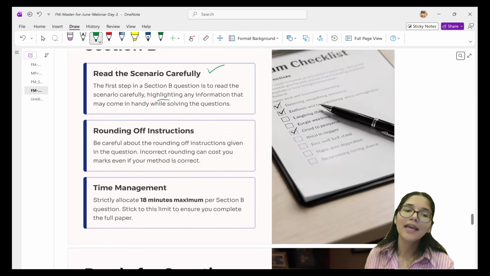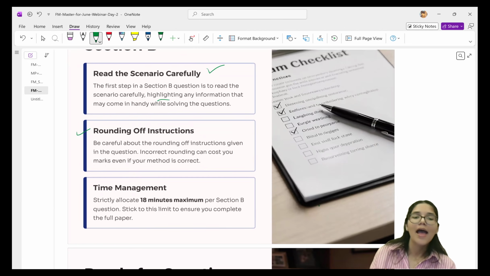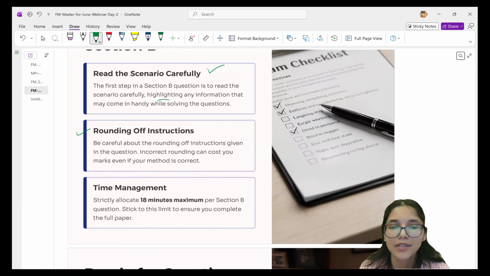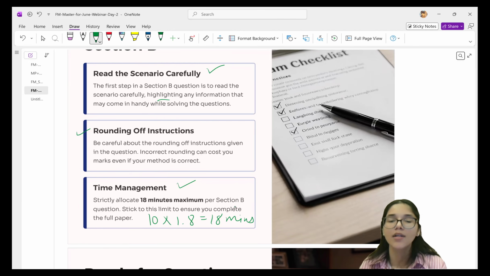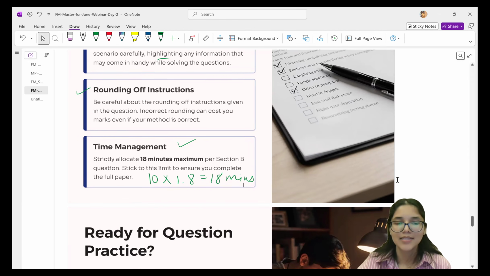We have to be very careful about the rounding instructions because this is completely marked by a computer. And then, time management, the last but not the least, is very, very important. A section B case study will carry 10 marks in total. So 10 times 1.8 will give you 18 minutes for one case study. These are the things that I want you to keep in mind while you are solving a section B kind of question.